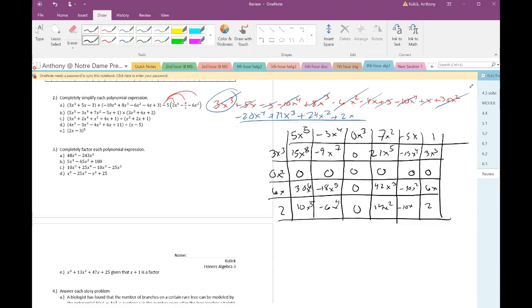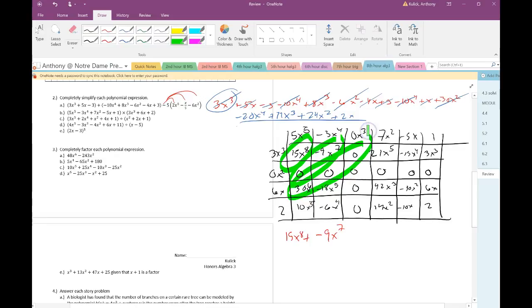And magically I'm done. So, to now get my answer out of this, I'm just going to add up along the diagonal. So 15x to the 4th, 15x to the 8th. And in my x diagonal, I get -7x to the 9th, negative 9x to the 7th.